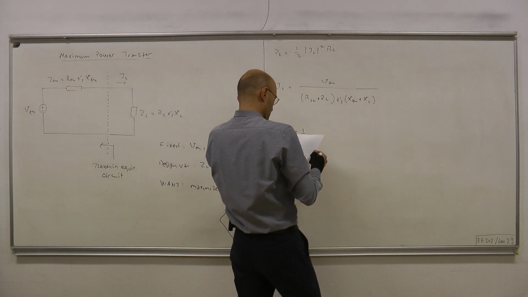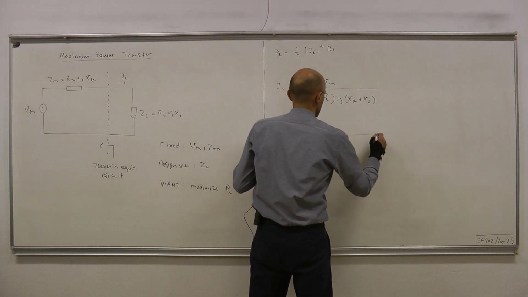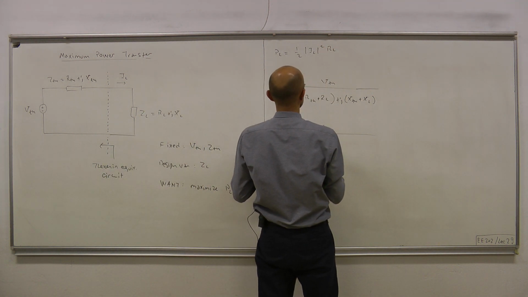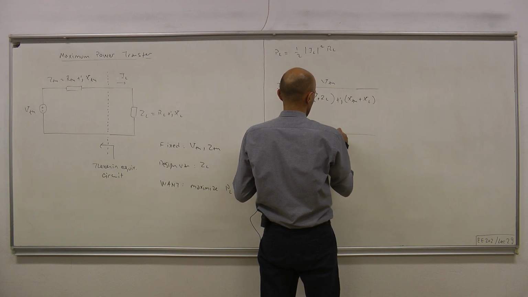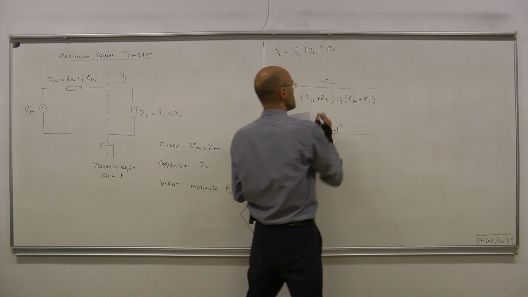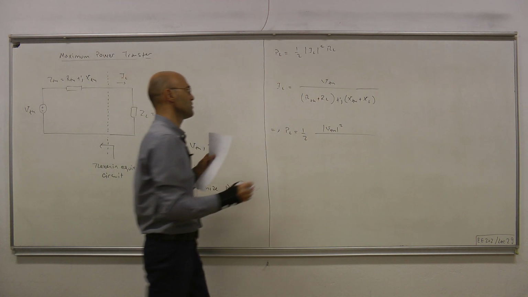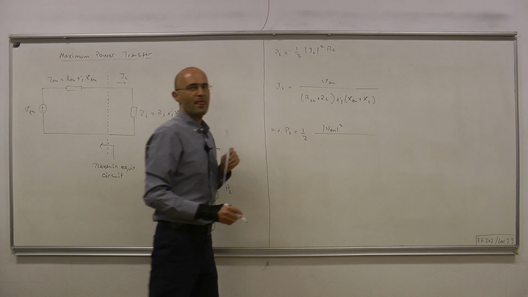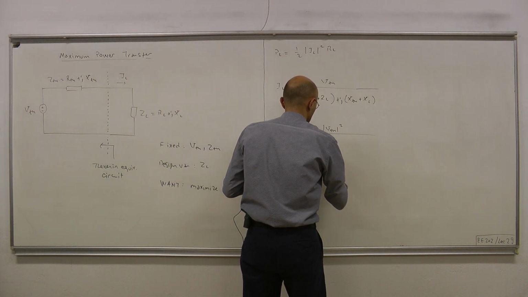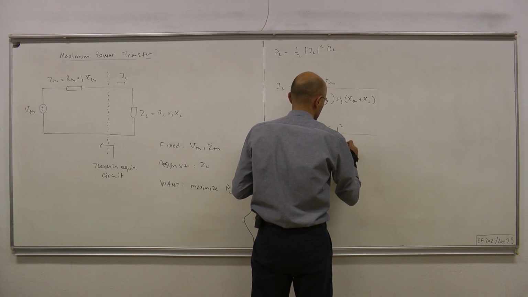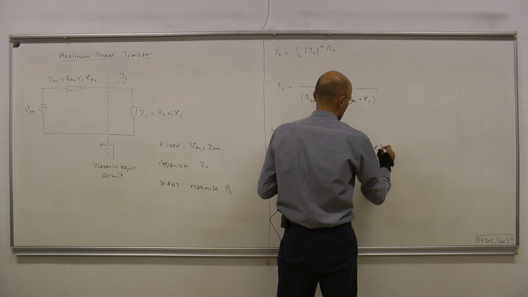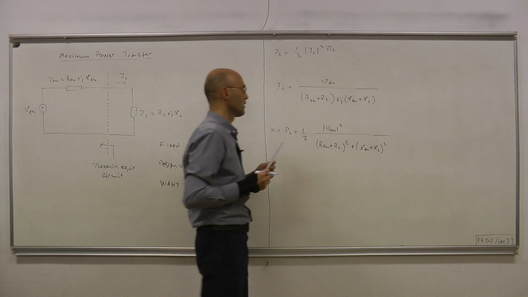Because we're squaring that magnitude, we get V Thevenin magnitude squared divided by the magnitude squared of the denominator, which is the real part squared plus the imaginary part squared: R Thevenin plus RL squared plus X Thevenin plus XL squared.